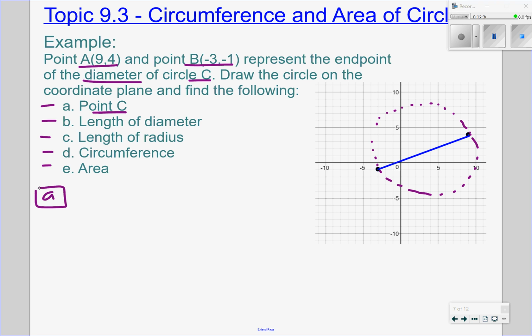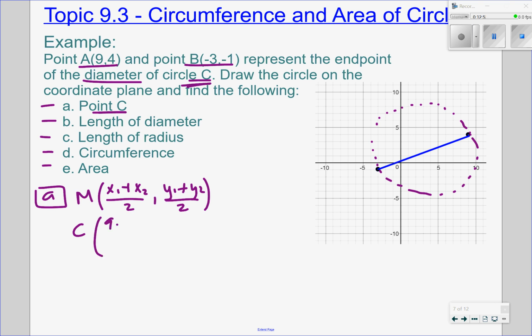So for part A, I'm going to go ahead and use our midpoint formula, which was (x1 plus x2) all over 2, and then (y1 plus y2) all over 2. Essentially, we're finding the average of our coordinates. So in this case, we're going to call it point C, because it is circle C, and we're going to substitute our values.